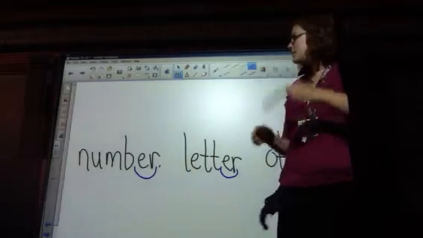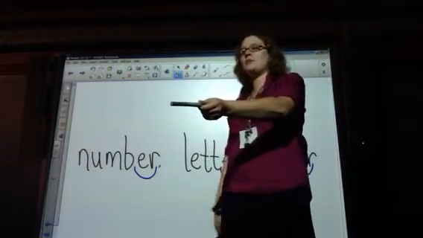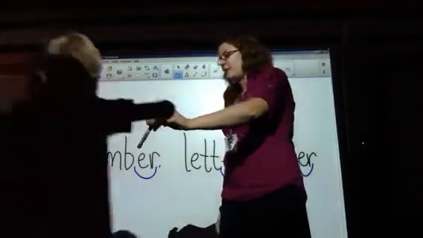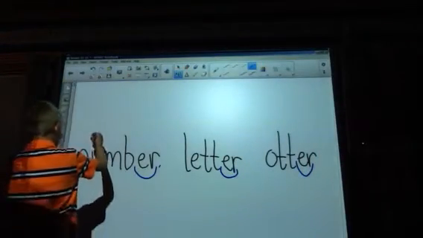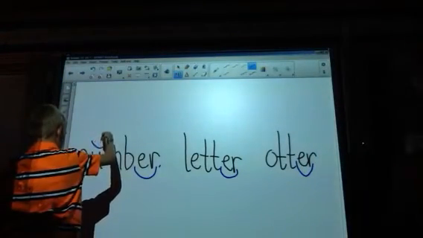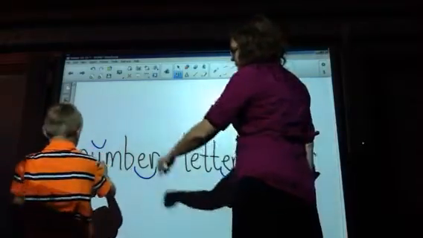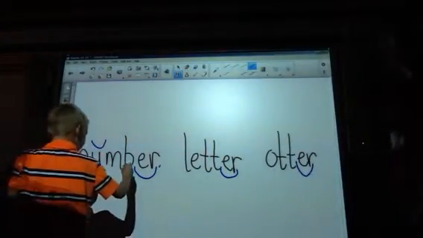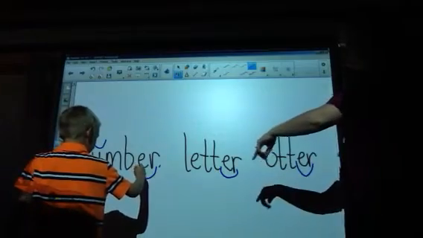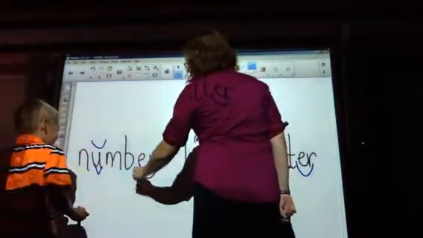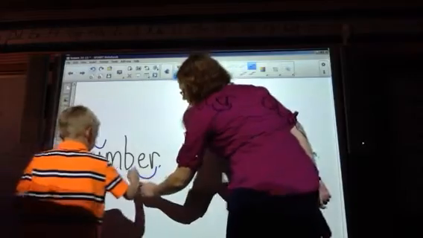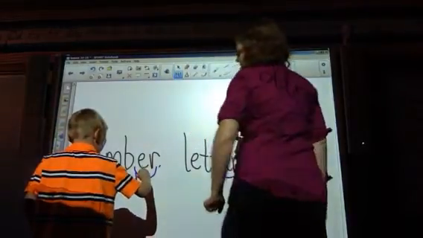So, Tate, you want to come code this first word for me? Let's see if we can figure out how to code the rest of that. Start by finding your vowel sounds, right? Vowel sounds? There you go. Just put it underneath the arc. Here, just to make it easier to read, we'll put it down there. There you go.